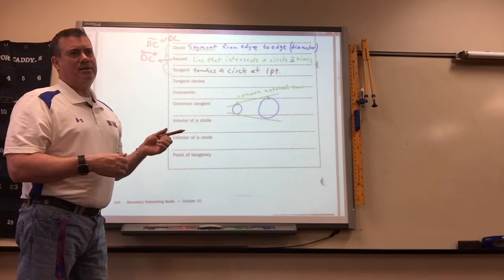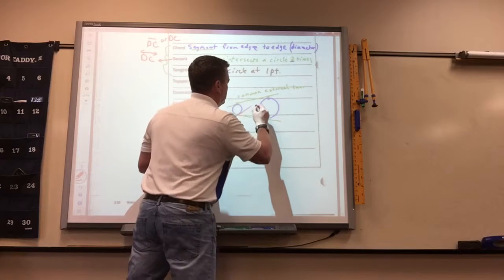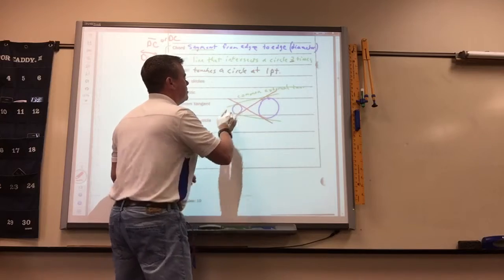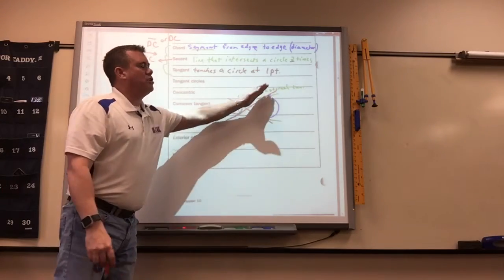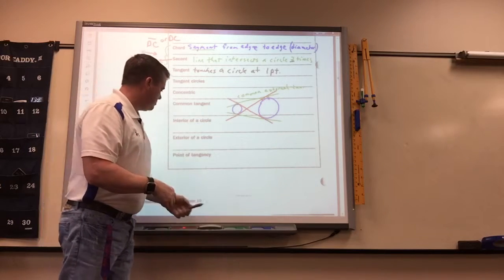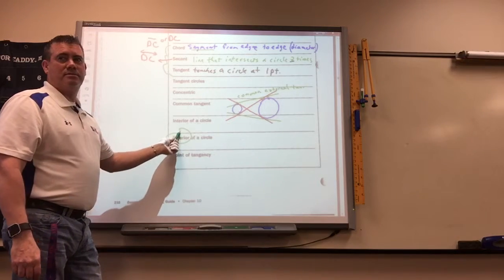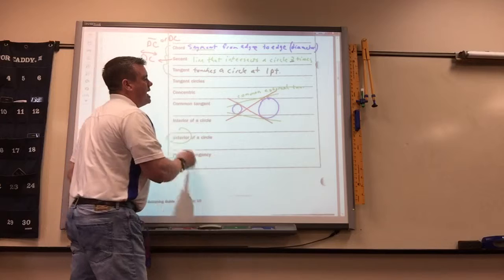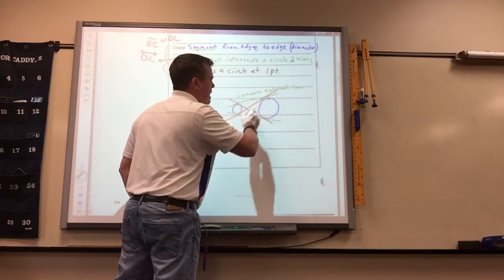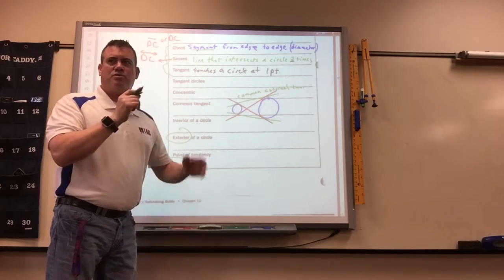Can you picture how the common internal tangents would be? They would go like this, touching there and there, and there and there. So the common internal just goes in between them. The common external is outside of them. Everyone knows what exterior is, right? Outside of a circle. The point of tangency is the point that the line touches at one spot. So every tangent line has a point of tangency, and that's just where it touches the circle.